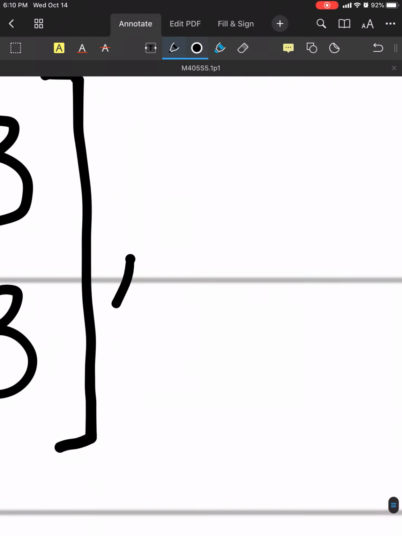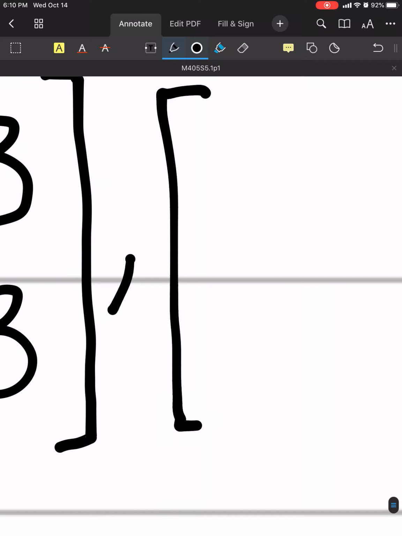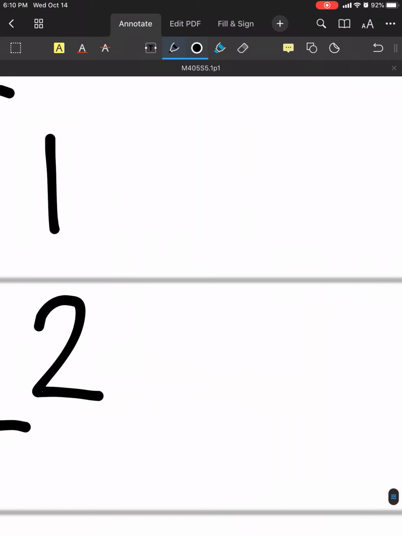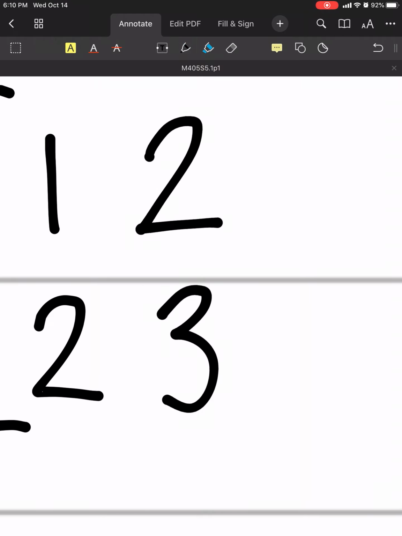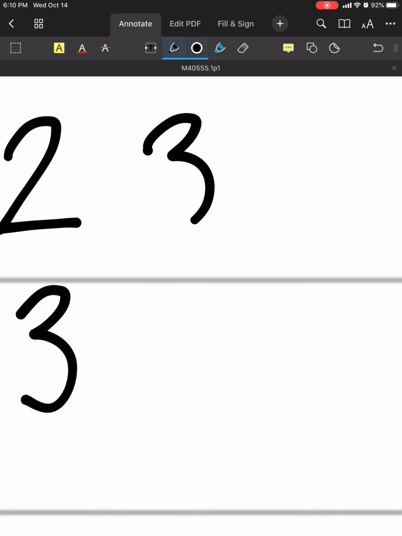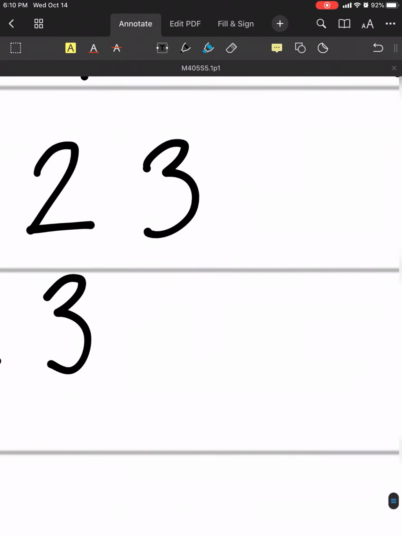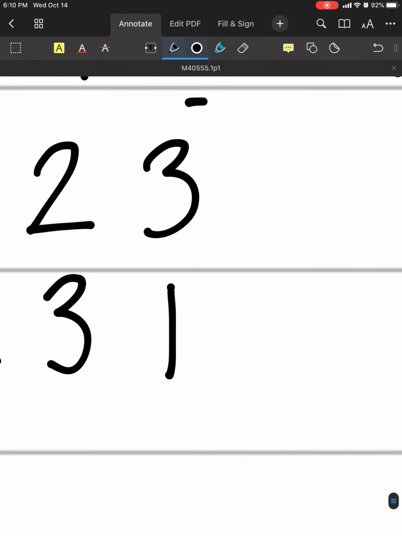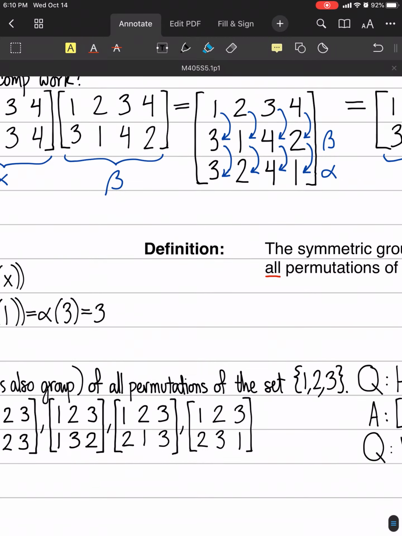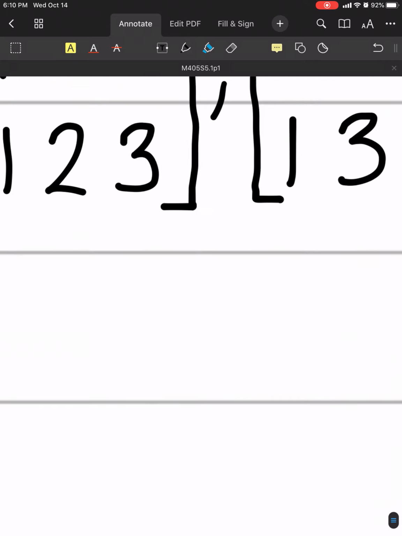The other option, if 1 goes to 2, is 2 can't go to 1, we've already used that. 2 would have to go to 3. And then 3, what's left? 1 has to go to 1. Am I about out of room? I am. Okay.